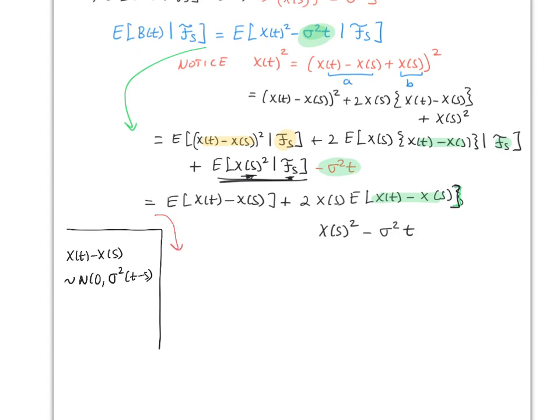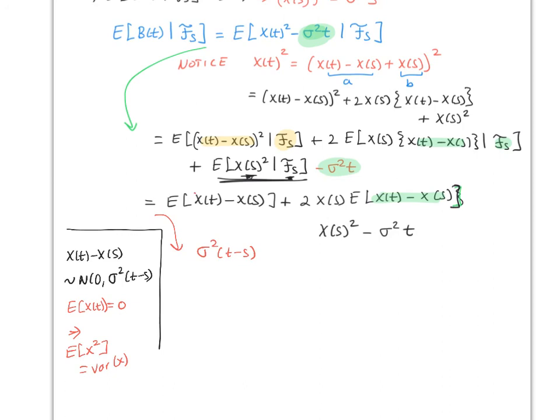So therefore from here this will be equal to sigma square t minus s. Remember that if the expected value of a variable is 0, then the expected value of x squared is the same thing as the variance of x.